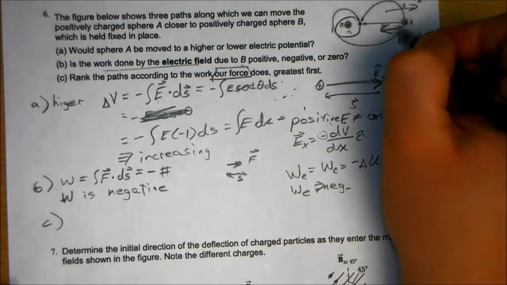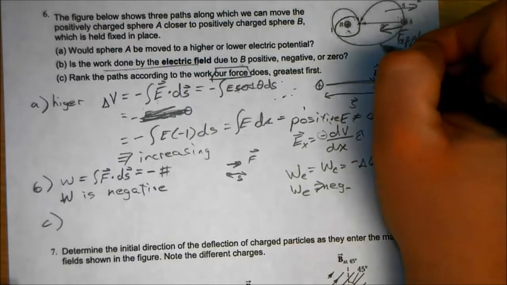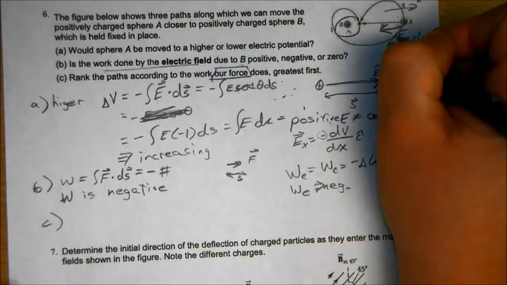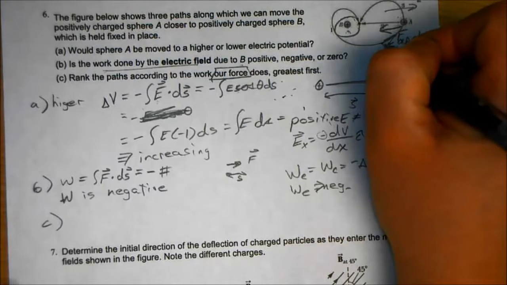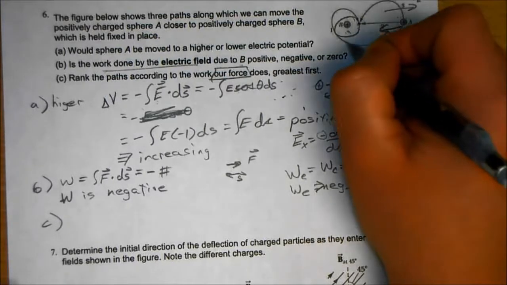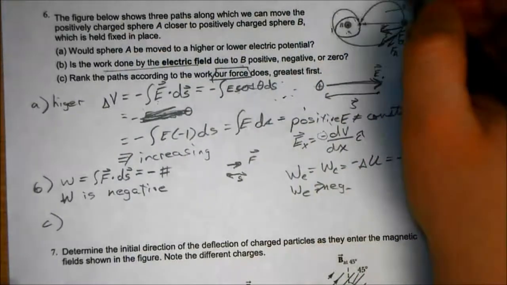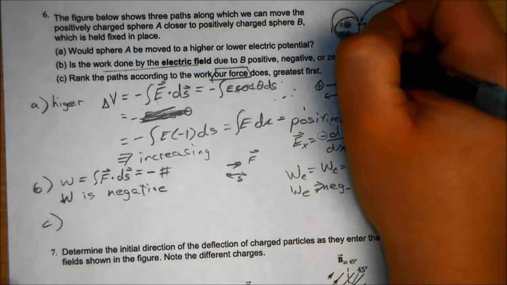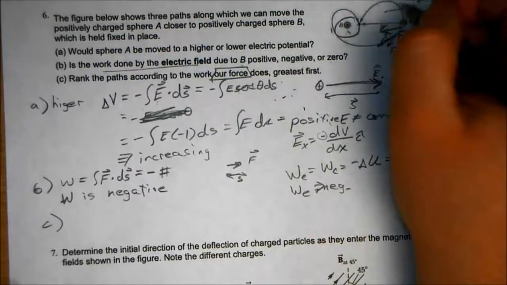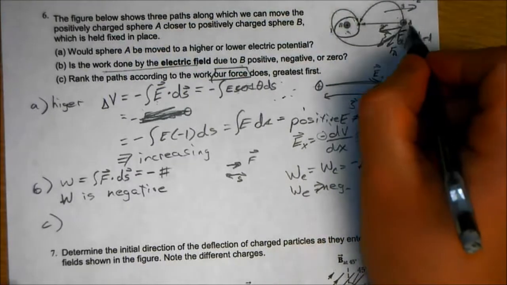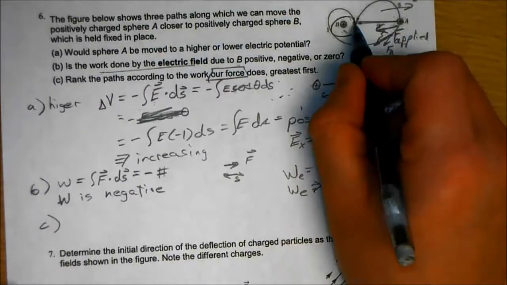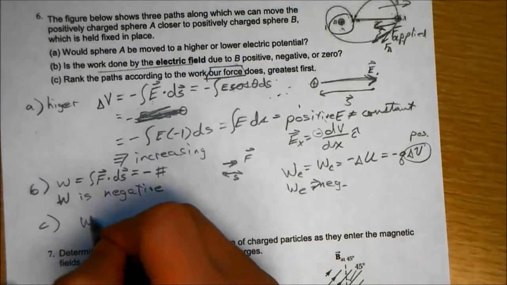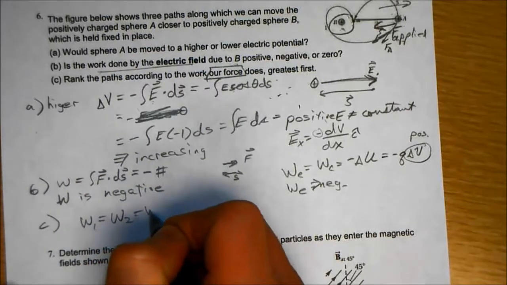So let's say I'm pushing along path 1, so at some point I'm pushing downward right here, but the displacement is in this direction. Here the displacement is negative in the y direction, and then it turns around and becomes positive in the y direction. All these things add together, and you end up with the same result as if you went right from here to here. It's path independent. So work 1 equals work 2 equals work 3.